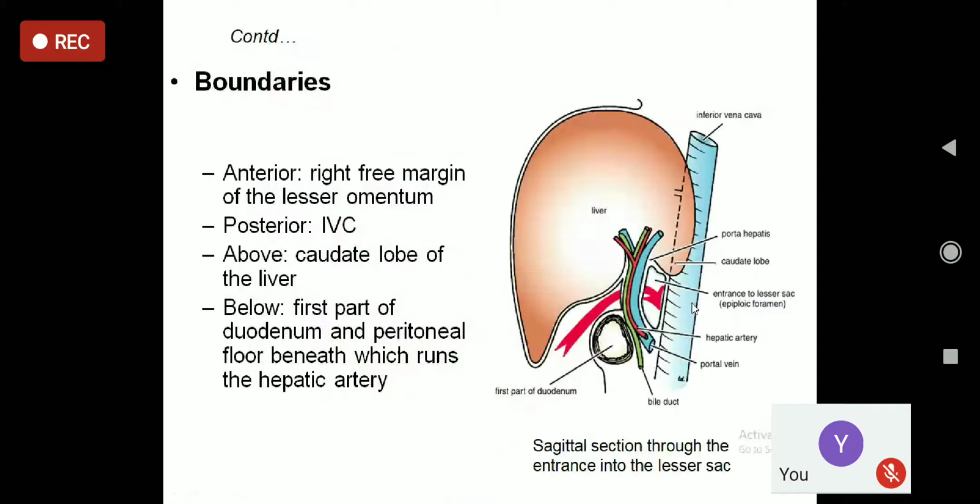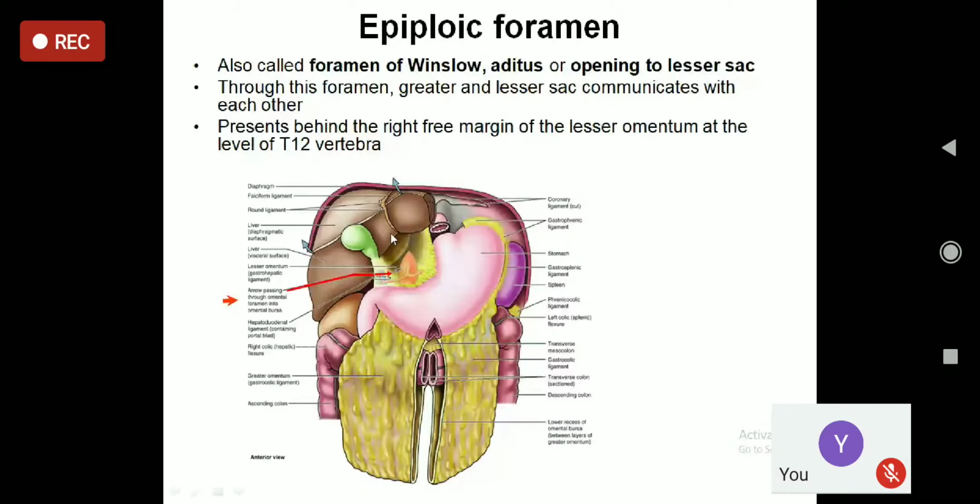So what are the boundaries of the epiploic foramen? Anteriorly, the right free margin of the lesser omentum. Posteriorly, the inferior vena cava. Above is the caudate lobe of the liver. And below is the first part of the duodenum and the peritoneal fold beneath which runs the hepatic artery. So we can see here the caudate lobe of the liver and the first part of the duodenum.